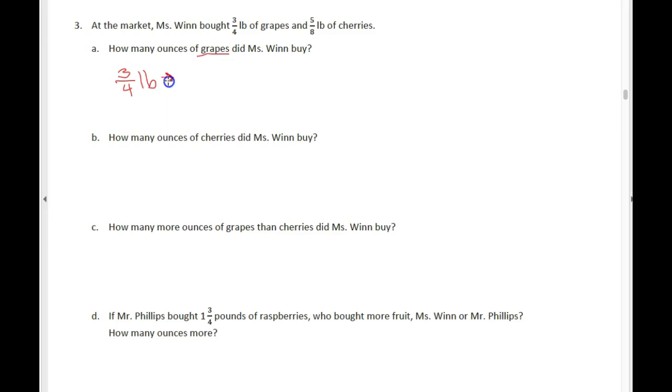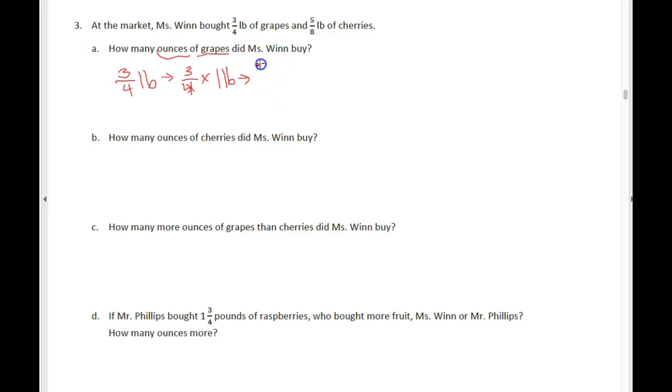And we can make that 3/4. Oops, that should be a 4, not times. The times goes here. Times 1 pound. There's my L for LB. And we know that we are getting into ounces, according to this.